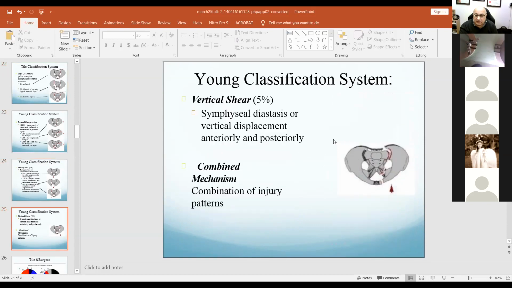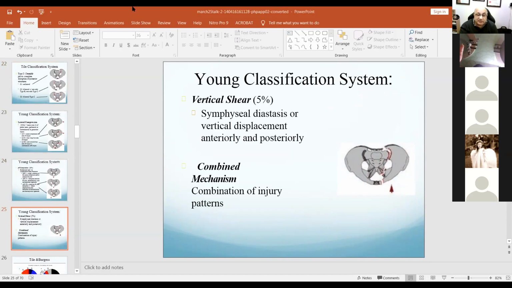In our setup, we apply traction. I think we can apply sacral bolts. You can do that, but the easiest thing is that you apply vertical traction and you put a binder on it. Your pelvic binder, which comes like a strapping, will also help you.